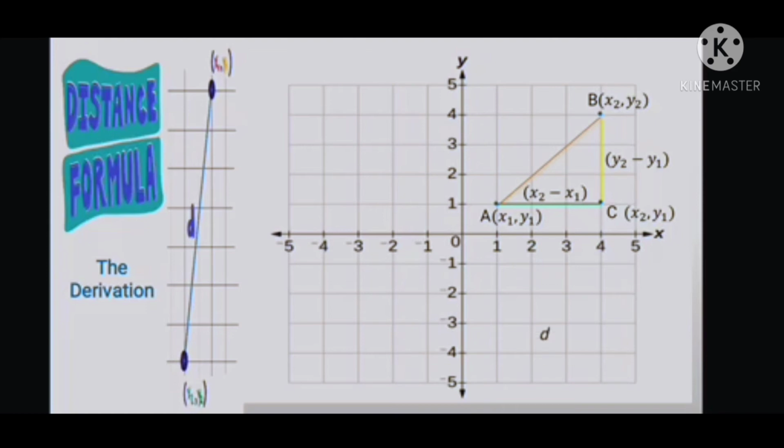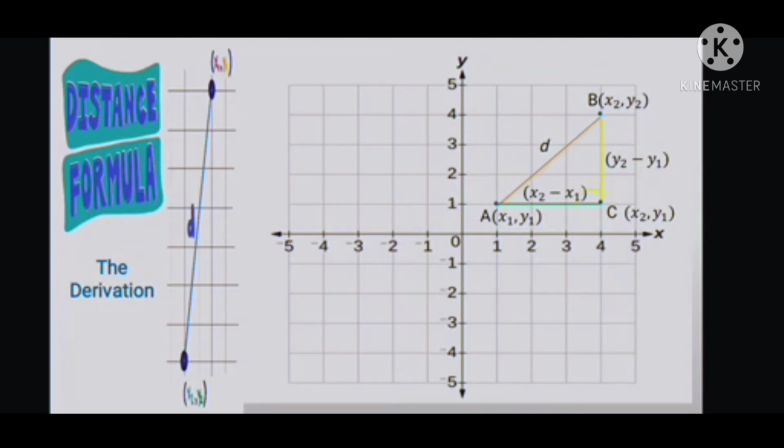Okay, so next, let us denote the distance from point A to point B as D. D is the distance. So again, as you can see, what forms here is a right triangle. It is a right triangle because based on the intersection, we formed a perpendicular line.